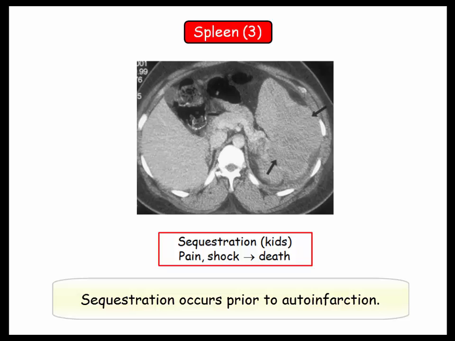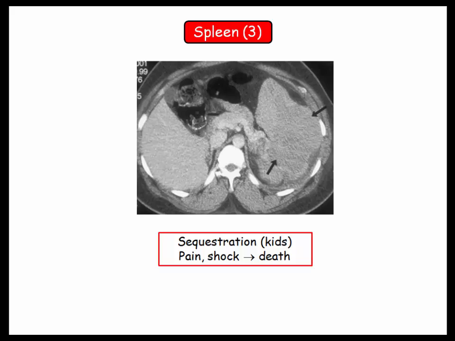Vasoocclusion within the spleen results in pooling of red cells with rapid splenic enlargement. This is an early manifestation of sickle cell disease, and in some patients, the initial manifestation. It is not a good one to have. These kids can go on to develop hypovolemic shock, and it may be a significant cause of mortality in children. Key point here, the spleen has not yet infarcted, and there is massive sequestration.